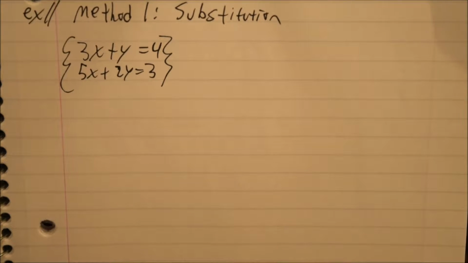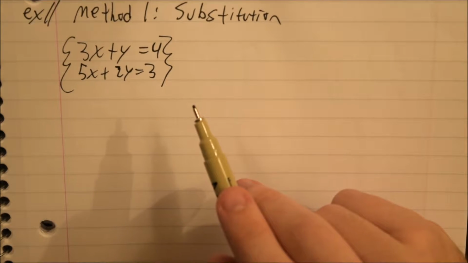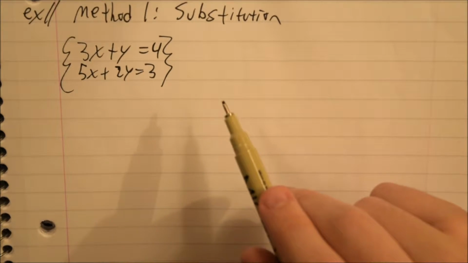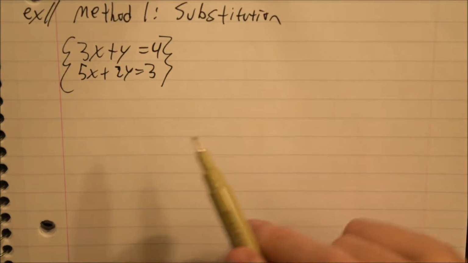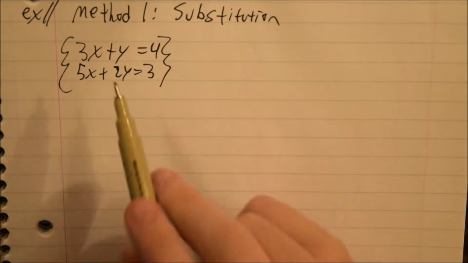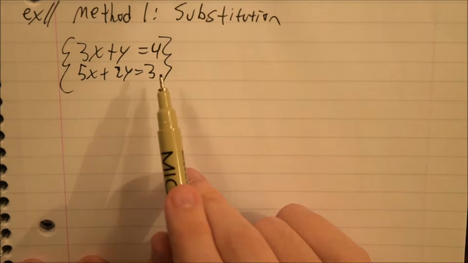Remember, in this video I'm going to get only one solution for this system. When doing substitution, we want to look at both equations and see if it's easy to solve for either of the variables, in the first one or in the second one. If I look at the first one, it's really easy to solve for y.